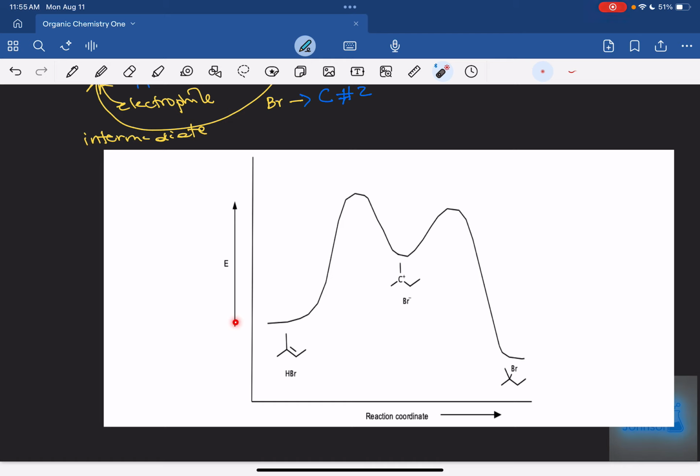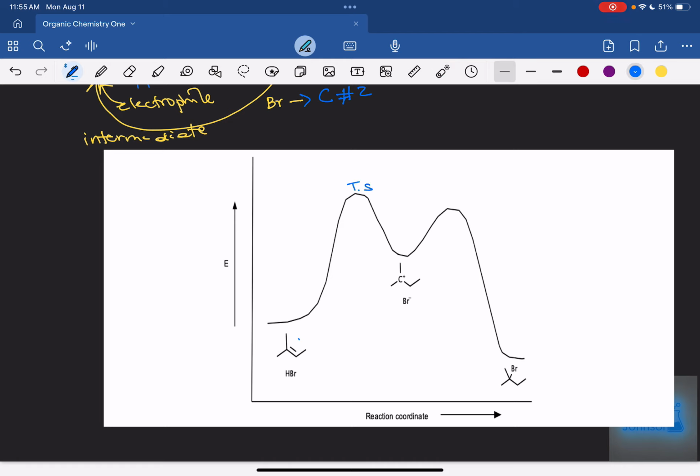Energy is on your y-axis and reaction coordinate is on your x. This is just showing how your energy increases, right? This represents your reactants, and your reactants are these two things, the alkene plus HBr, okay? Now, where you have these humps on this graph, this is your transition state.